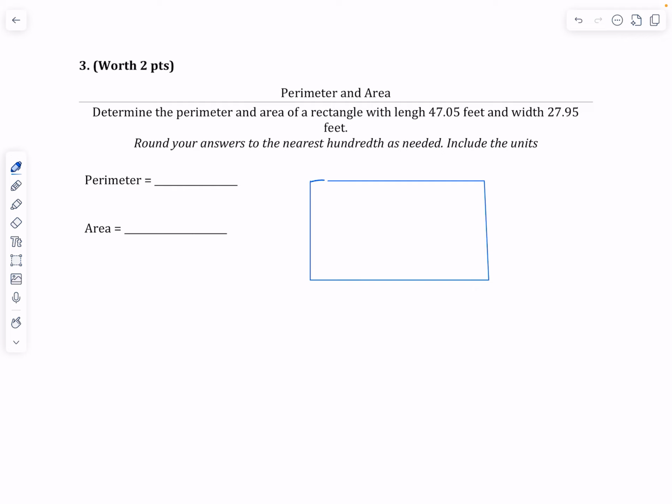Okay, and then I'm just going to connect these two together. All right. So if the length is 47.05 and the width is 27.95. Remember, we're in feet. Let's go ahead and figure this out.